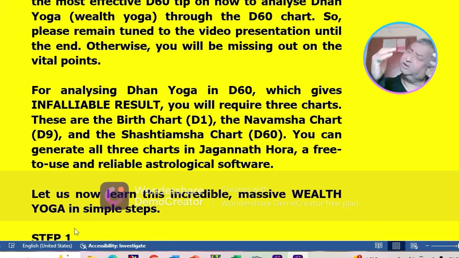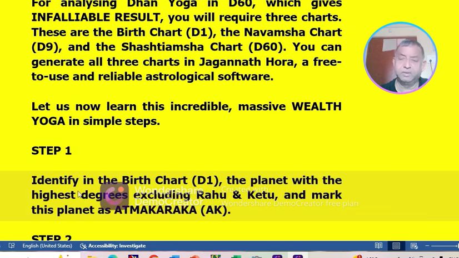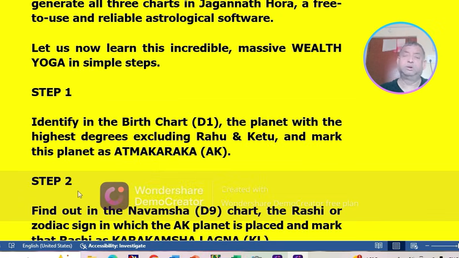You will be able to generate all charts in Jagannath Hora, in south, north, east, all styles, as you like. Let us now learn this incredible, massive wealth yoga in simple steps.